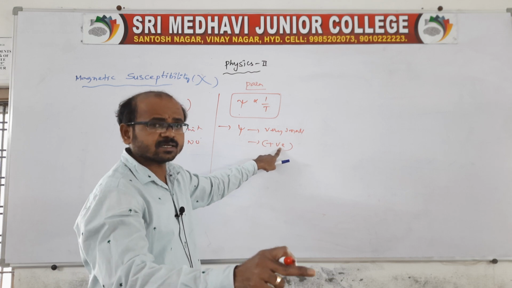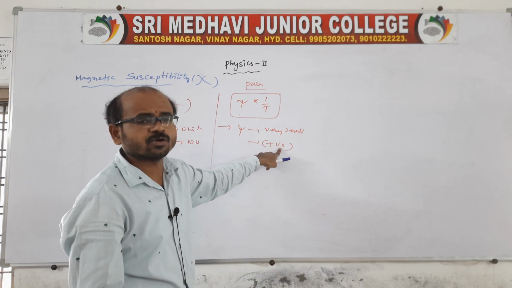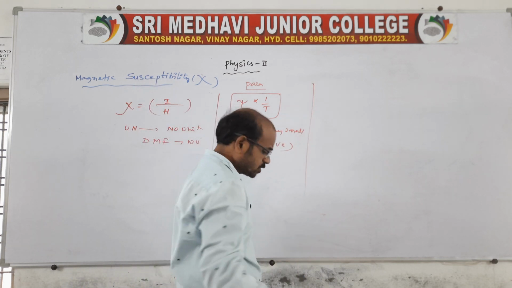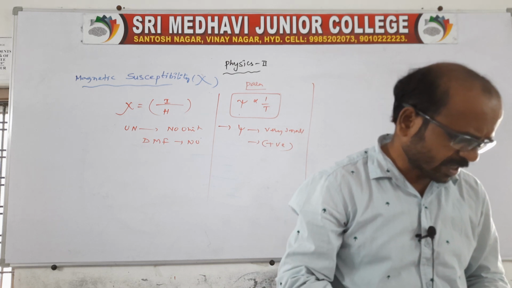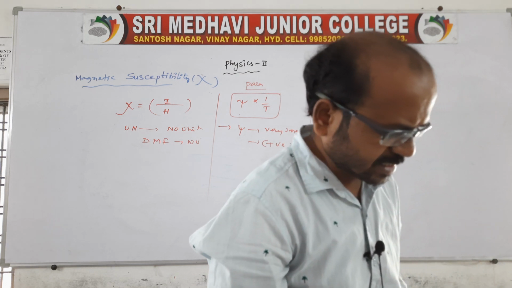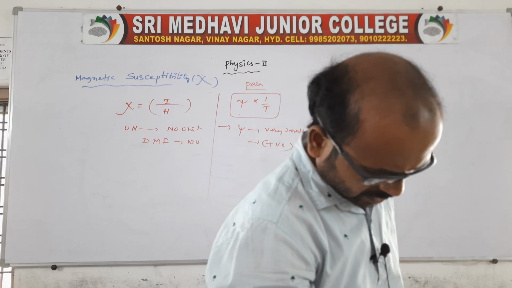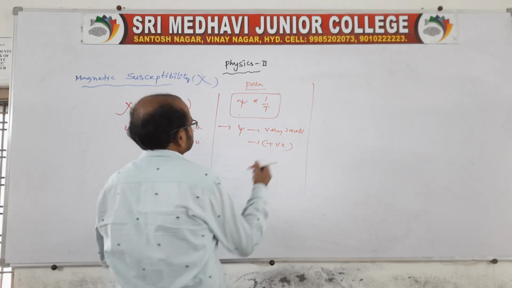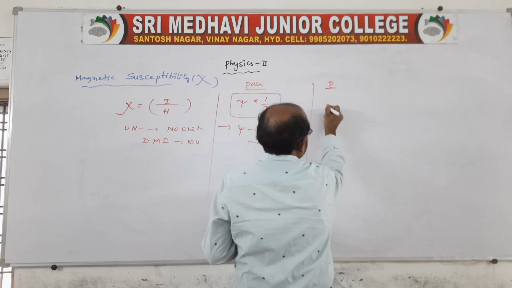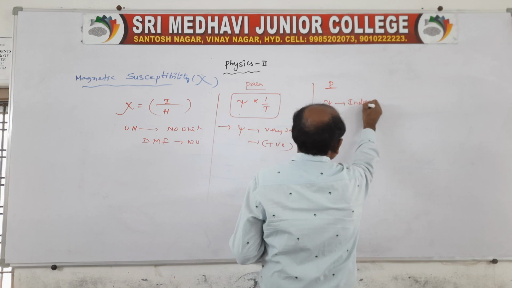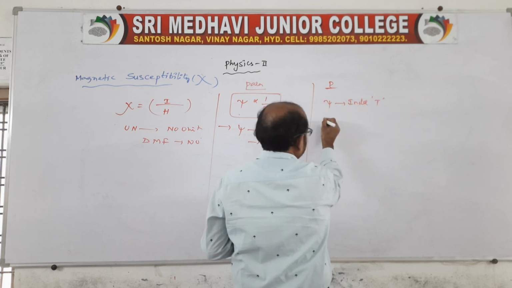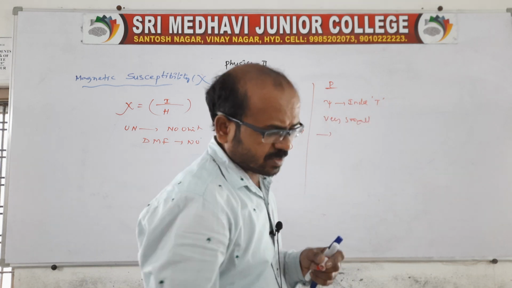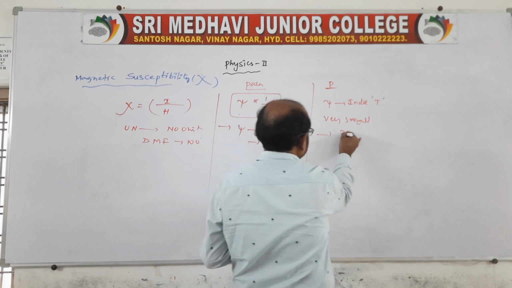This is in the comparison between para, dia and ferromagnetic substances. That's why you read that question. It is about para. Now another one, diamagnetic substances. For diamagnetic substances, susceptibility is small and negative, independent of temperature. Xi is independent of capital T. It is very small, and the value is negative.